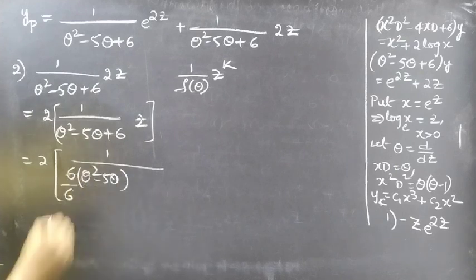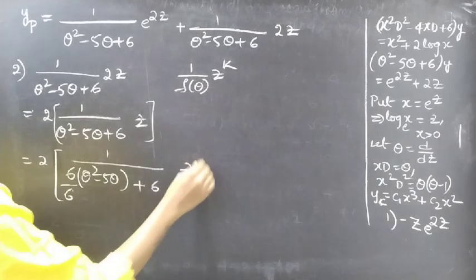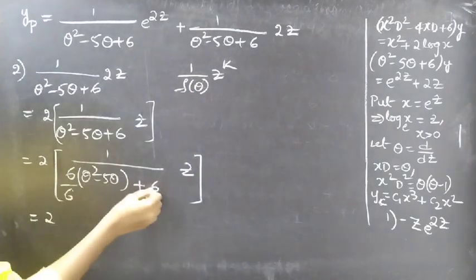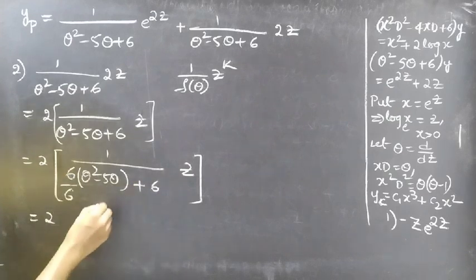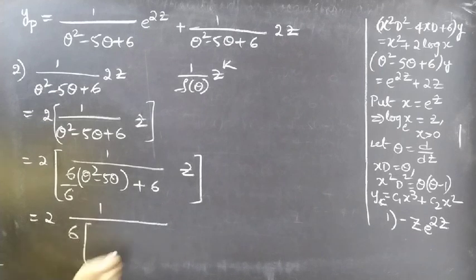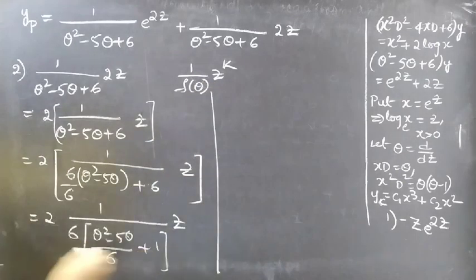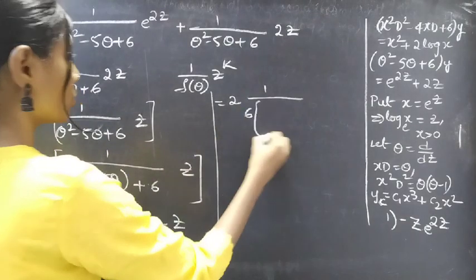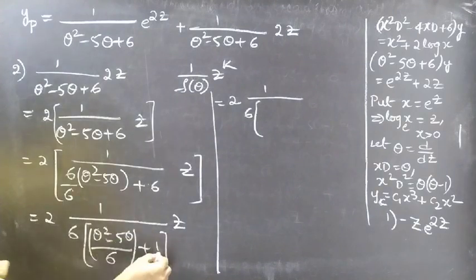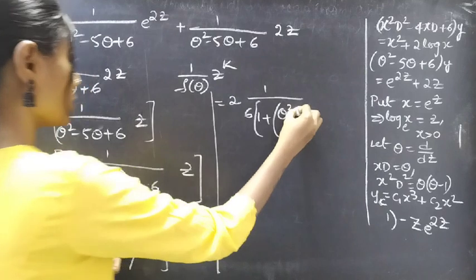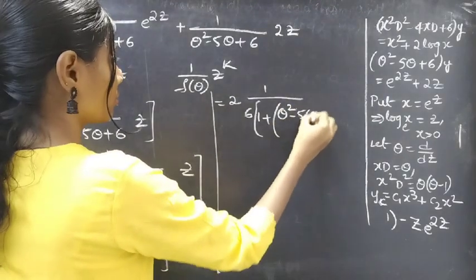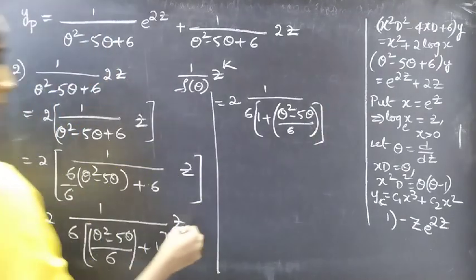Multiply and divide by 6, plus 6 into z, equals 2 into, now we can take 6 common from the two terms of the denominator, we'll get 1 by 6 times theta square minus 5 theta by 6 plus 1 into z, right? Which equals 2 into 1 by 6 into 1 plus theta square minus 5 theta by 6 into z.